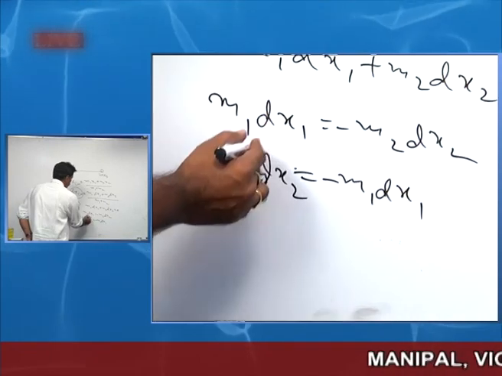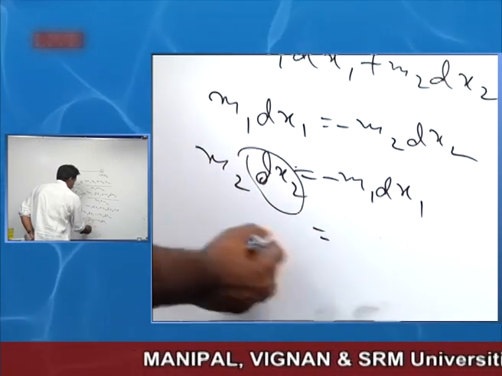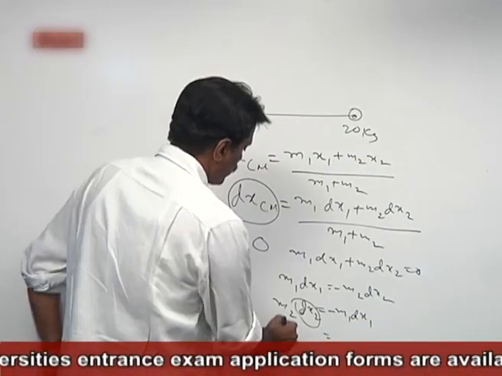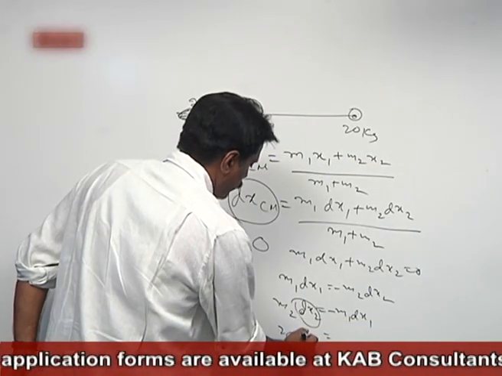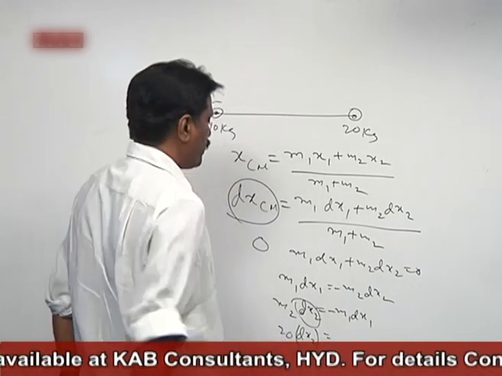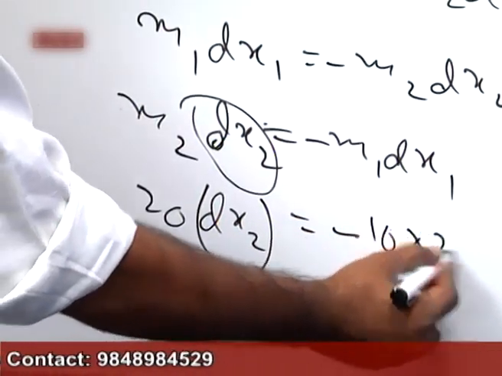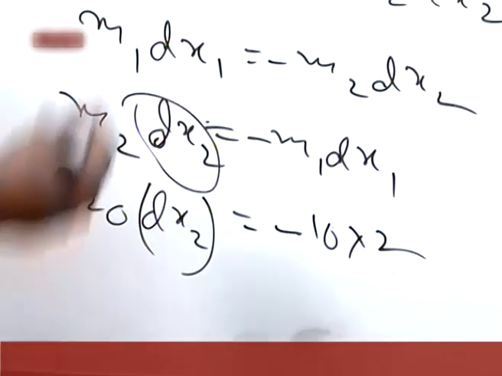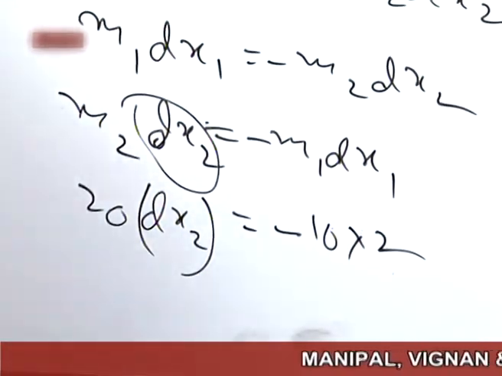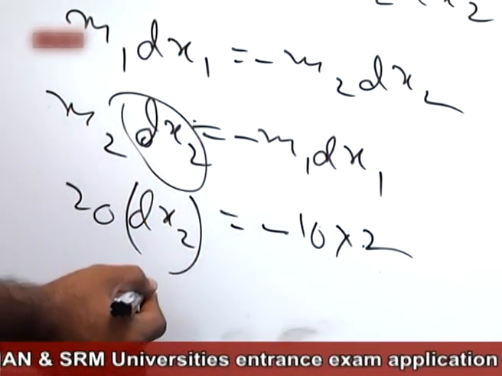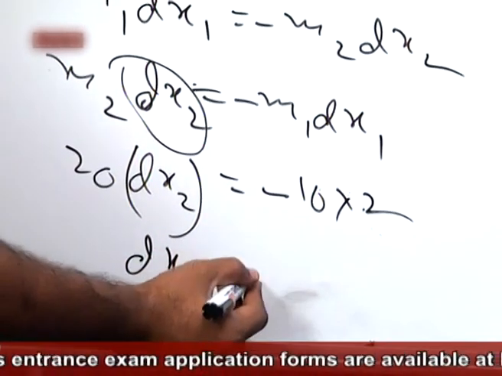Because we want dx2, m2 is 20, substitute the values of the masses. 20 into dx2, which is the change in the position of m2, equals minus m1, which is 10, times the displacement of m1, which is 2 centimeters towards left. If you take 2 as positive, then dx2 will be equal to minus 1.